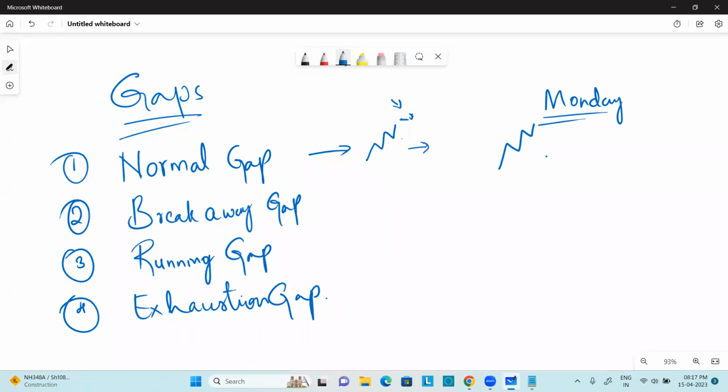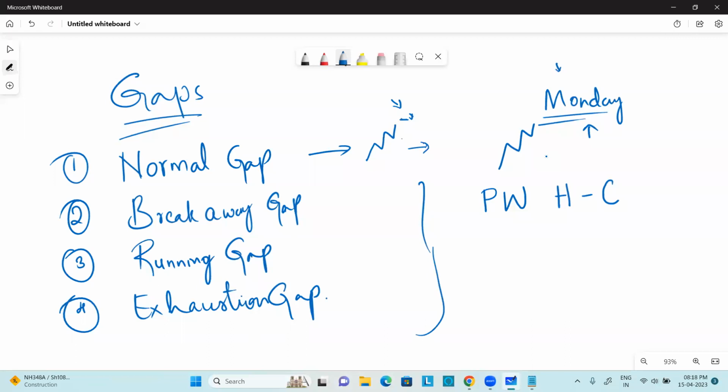See, we have a lot of points. Let me say that. First of all, when you are trading on Monday, especially if you are trading on Monday, remember this. First thing you need to look at is the previous week high and close. It is very important because it will be very near to the Monday opening, right? This is the first thing, and this opening is the next week open, right?